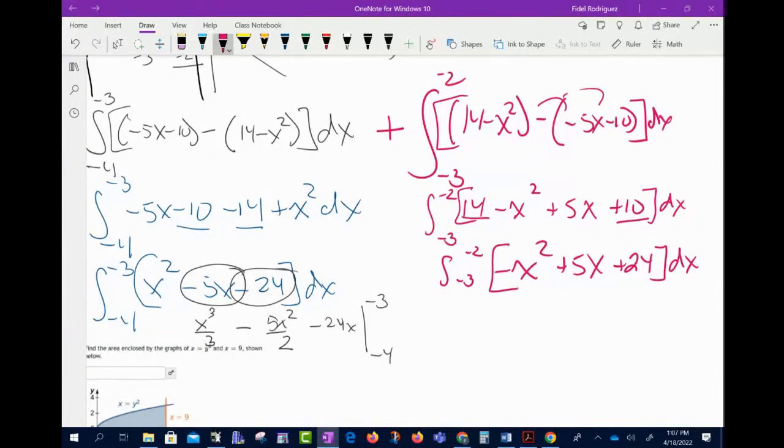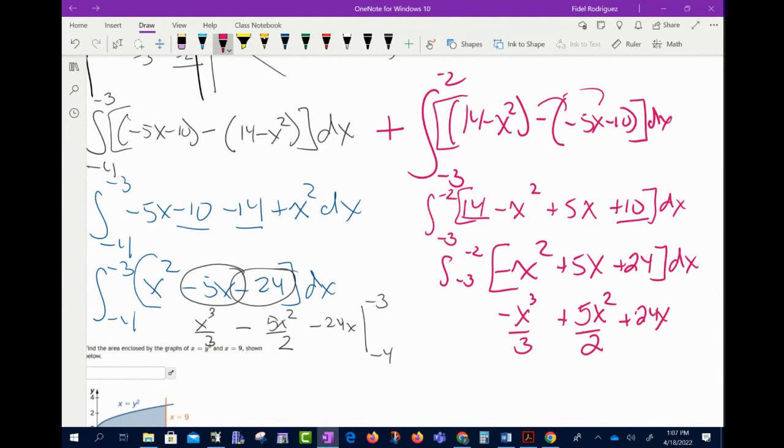Okay. So now let's find some antiderivatives. What is the antiderivative of a negative x squared? Negative x cubed over 3. Good. What about the antiderivative of a positive 5x? Good. And the antiderivative of a positive 24?